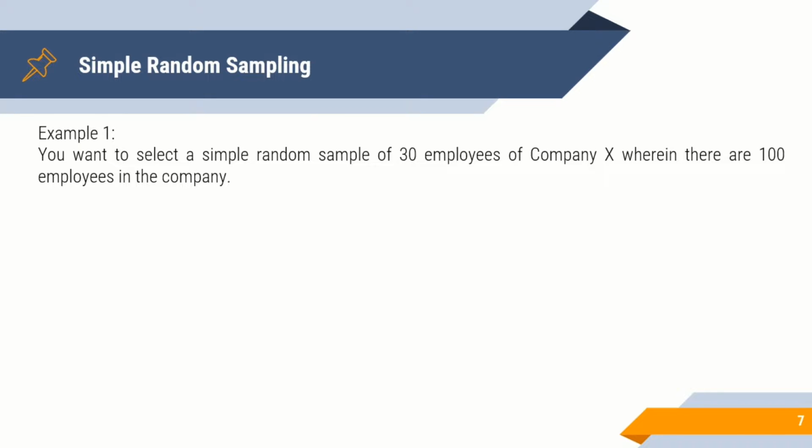You want to select a simple random sample of 30 employees of company X wherein there are 100 employees in the company. So paano natin gagawin ito? Using the lottery method, you assign a number to every employee in the company database from 1 to 100. Meaning to say, each employee should be assigned a number.